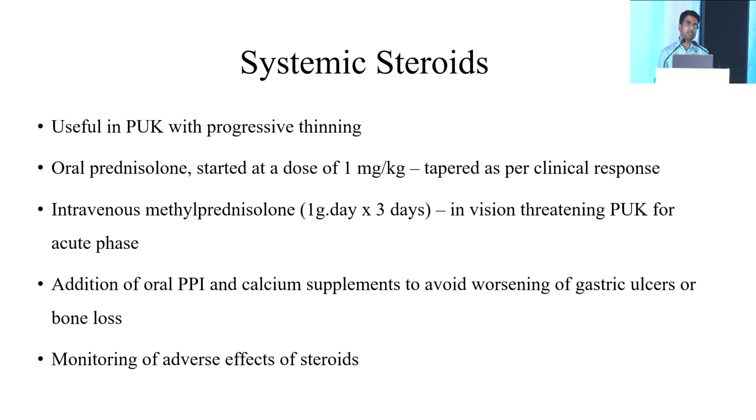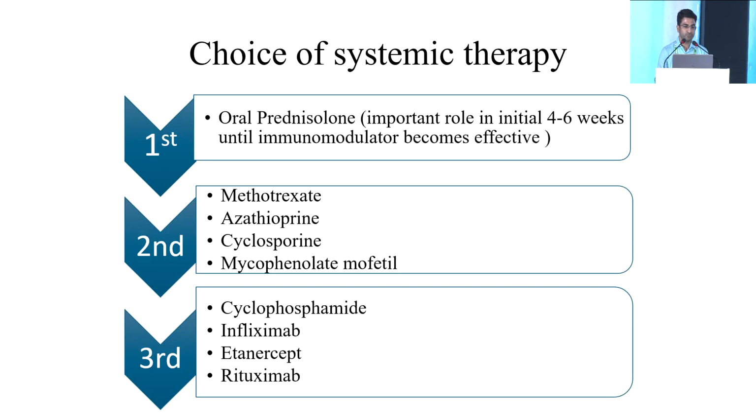Usually it is started at a dose of 1 to 1.5 milligram per kilogram, at a maximum dose of 60 milligram per day per person. Intravenous methylprednisolone may be considered in cases of severe PUK with systemic causes, and monitoring of adverse effects should be done.